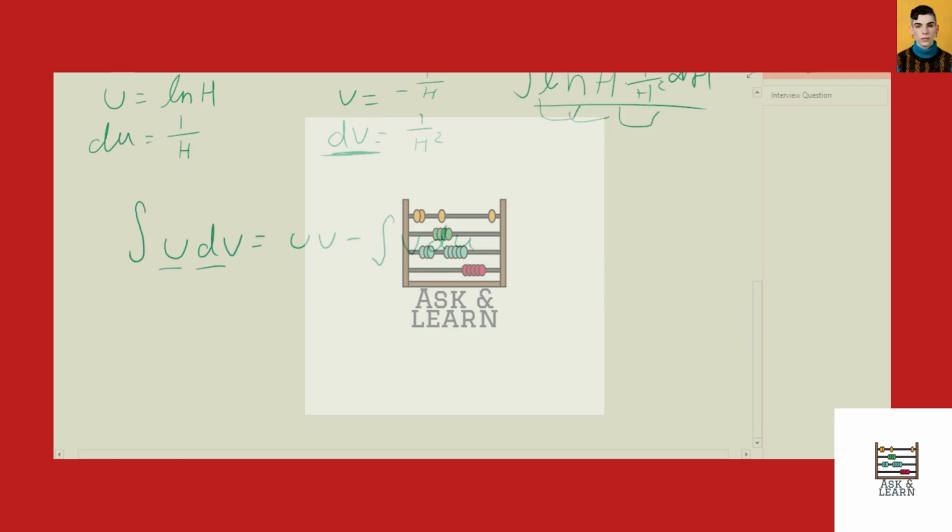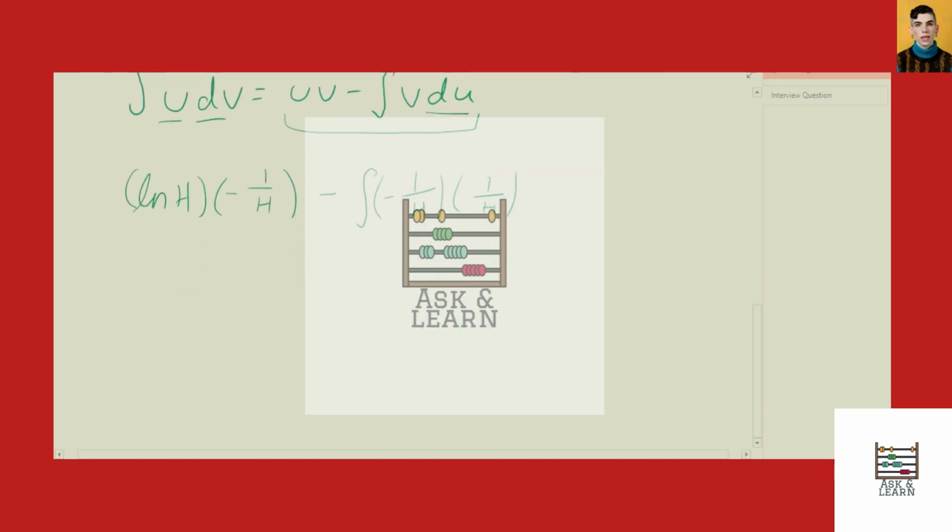All right, so then we're going to use these here to plug into this equation here. So we're going to have ln h times negative 1 over h, minus the integral of v, which is negative 1 over h, times du, which is going to be 1 over h.